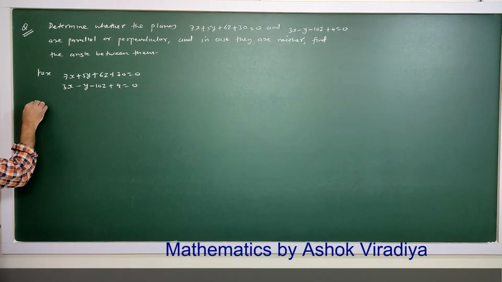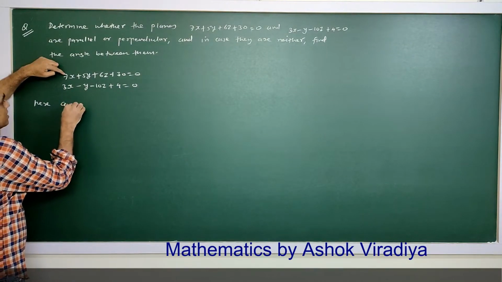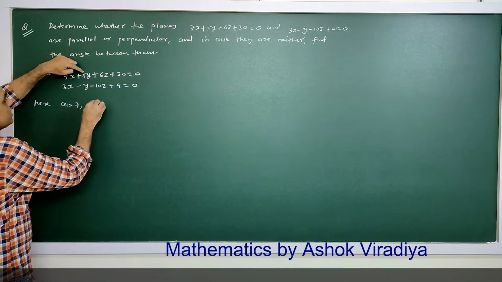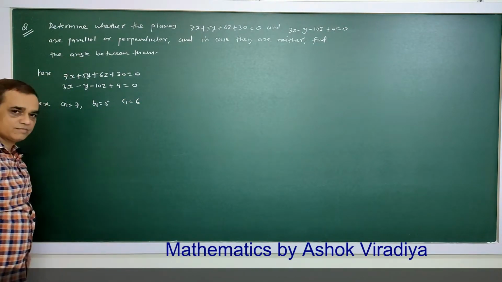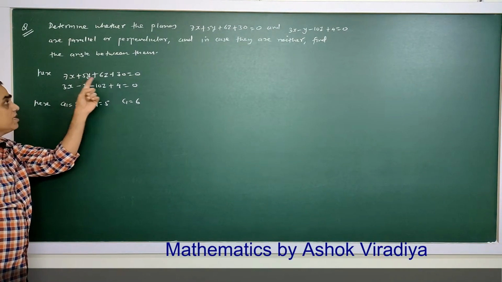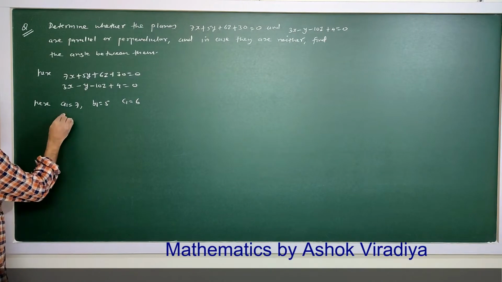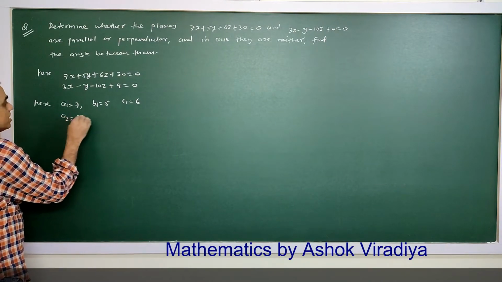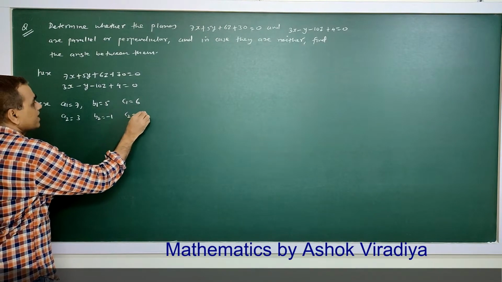Say here from these equations, A1 is 7, B1 is 5, C1 is 6. These are the direction ratios of the normal to the first plane, and A2 is 3, B2 is minus 1, C2 is minus 10.